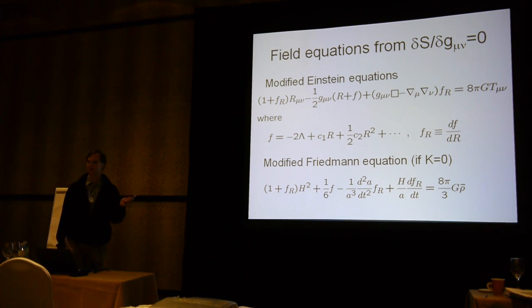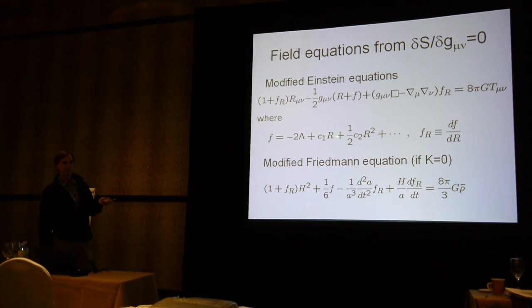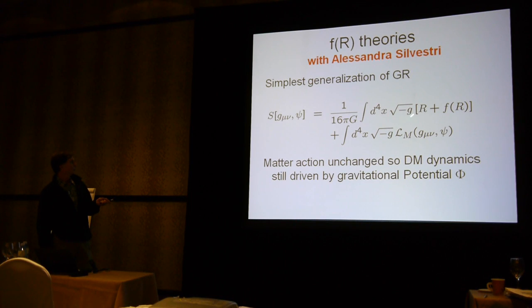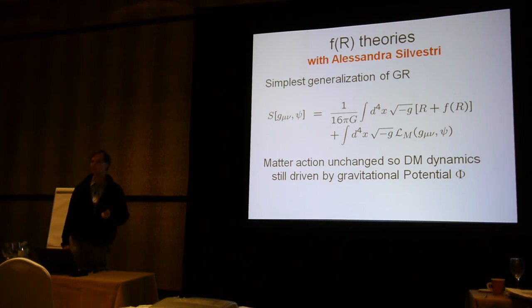So in fact, F-bar theories include lambda CDM. You can add a constant or a linear piece, which is actually rather trivial because a constant times R corresponds to a redefinition of Newton's constant. You just pull out a constant factor multiplying the linear term.